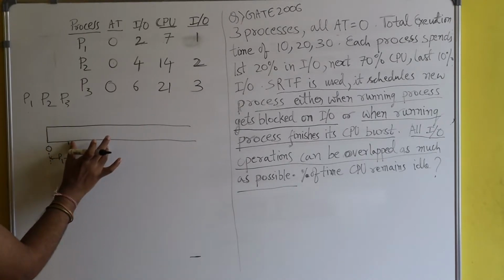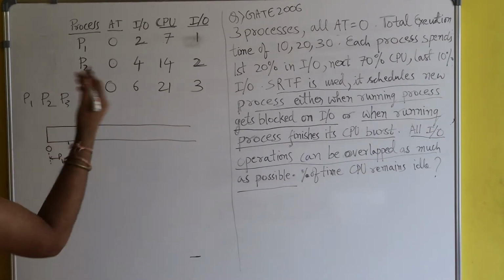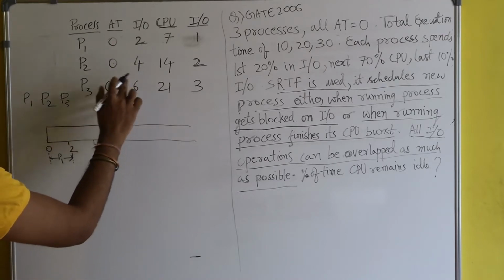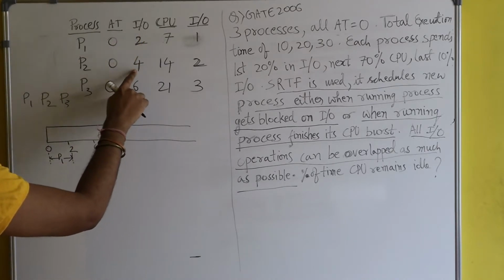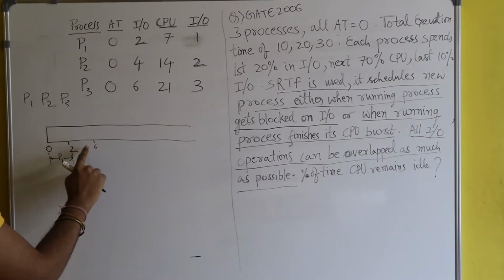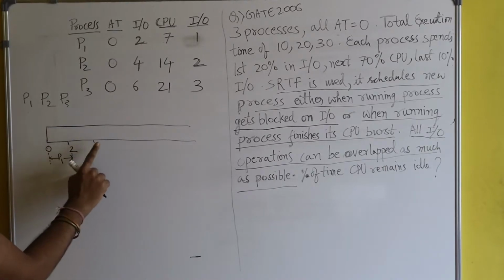Don't write like this, 2 to 6 seconds. Since the IO time of P2 is 4, you would write from 2 plus 4, 2 to 6 seconds, as the IO time dedicated to P2. Don't write here.